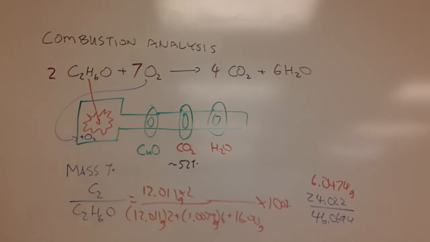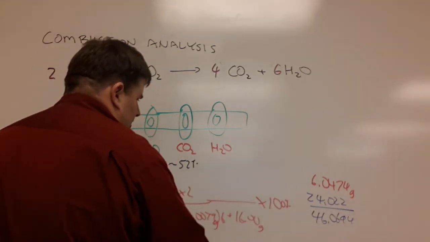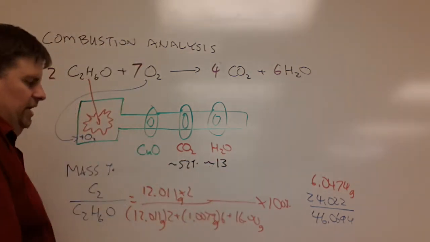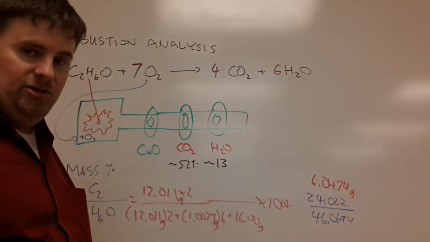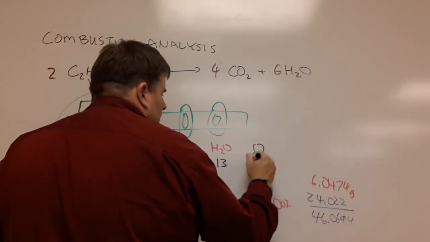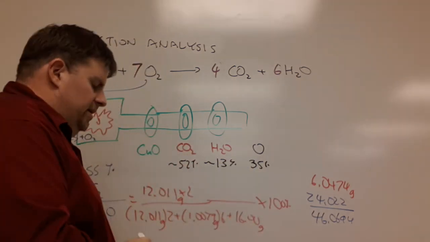And our mass percentage is going to be 13.13. Okay, so this one comes out to about 13%. So if this is 52 plus 13, that is going to give us 65. That means 35% of the sample that's left over is going to be the oxygen weight. Okay? That's how we figure those things out.